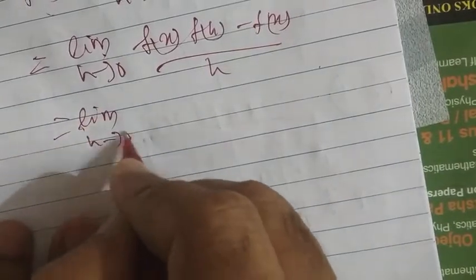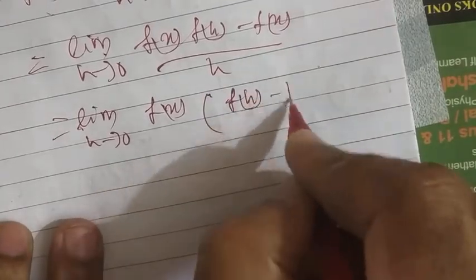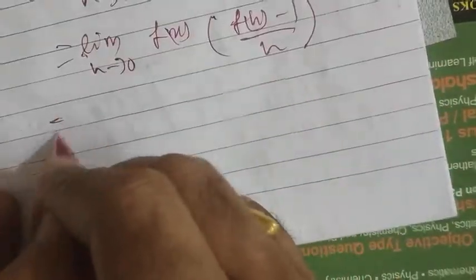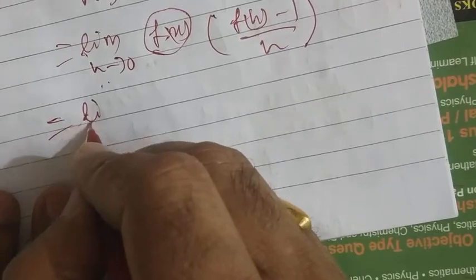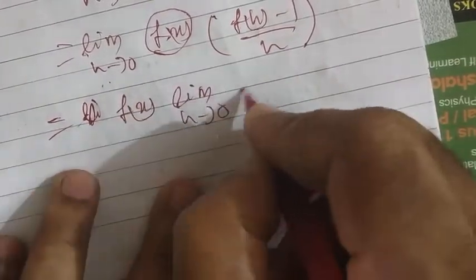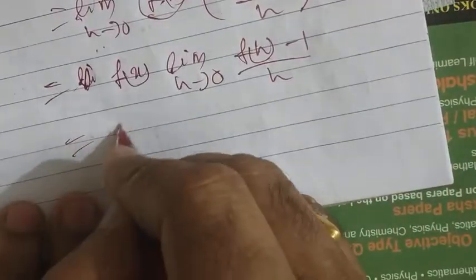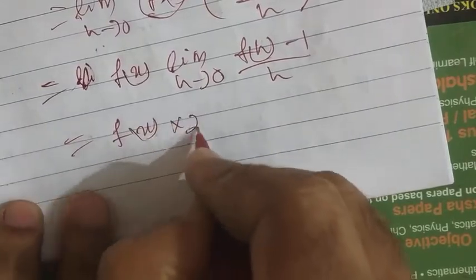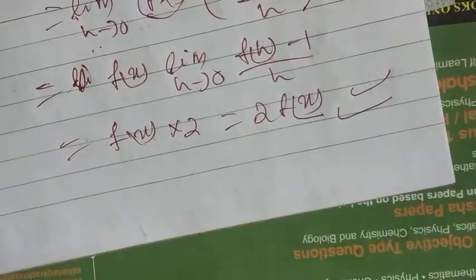Limit h tends to 0, fx common, fh minus 1 by h. Fx is independent of h, so it is a constant with respect to h, so I can take it out. Fx into limit h tends to 0, fh minus 1 by h. So obviously it is fx into 2. It is 2fx. Proved? Okay. In our next video, we will take another tremendous example.